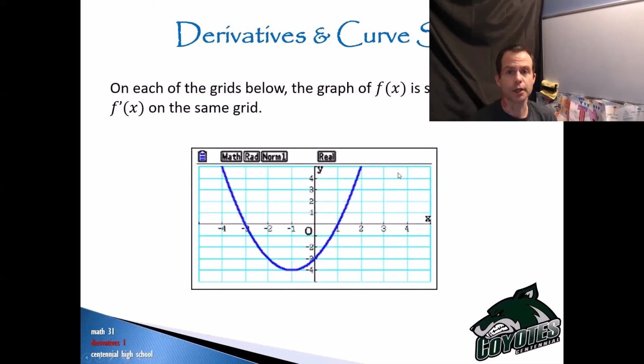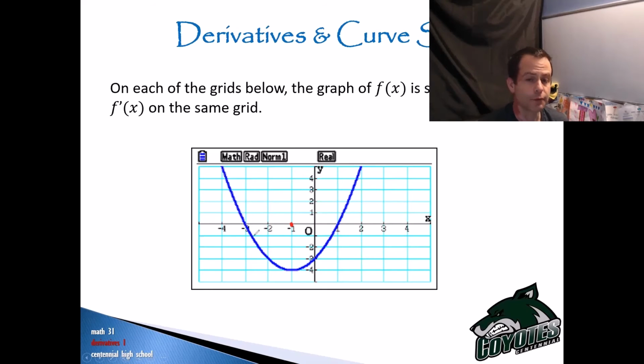Okay, so let's take a look. On each of the grids below, the graph of f of x is shown, sketch the derivative. So here's what I want you to see. Right at this point here, I know I have an x-intercept, okay? Because right there, I would have a horizontal tangent line on that vertex. Now, leading up to that, my original is descending.